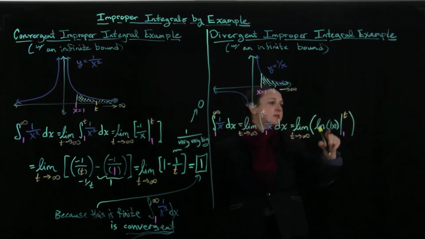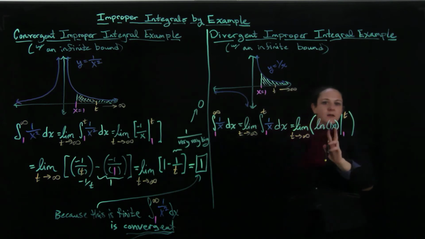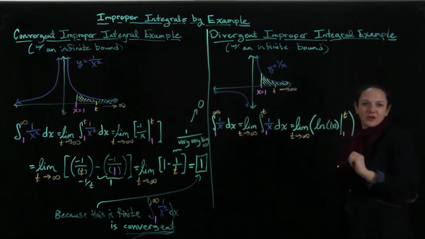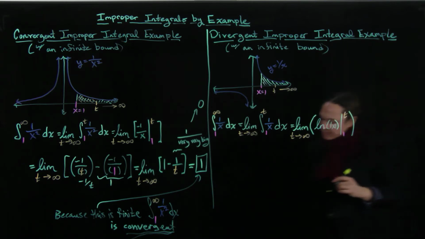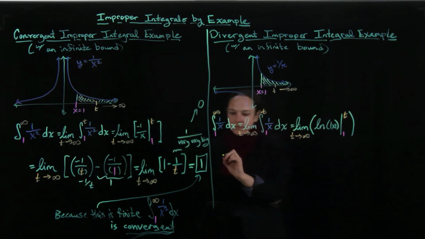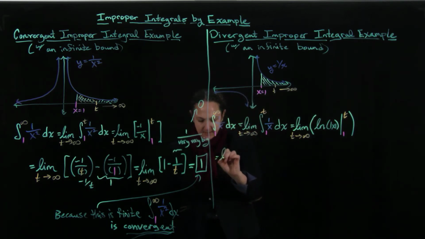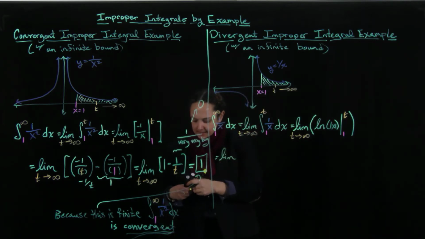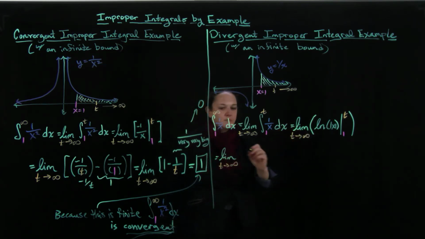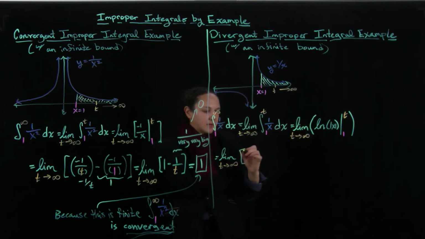Okay, and we notice that this absolute value here is not actually important because we're dealing with values that are positive. So this is going to equal the limit as t goes to infinity of, and so we want to sub in each of those and subtract.